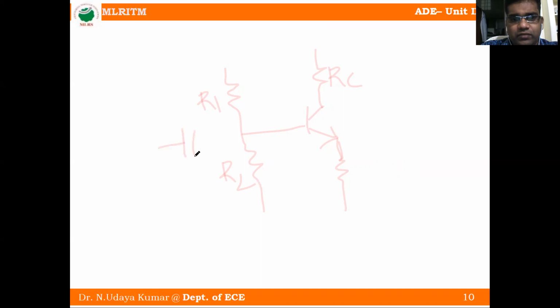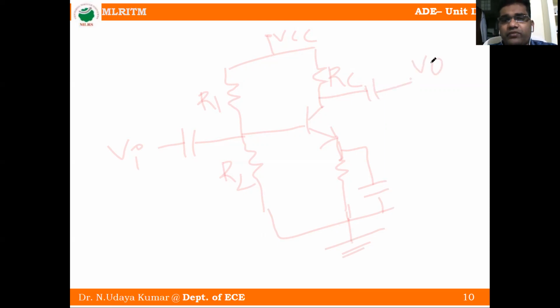This is RE resistance. This is CB, the blocking capacitor. This is VCC, meaning DC voltage, and this one is CE, the emitter or bypass capacitor. Here we are taking the output. So this is the RC coupled amplifier.